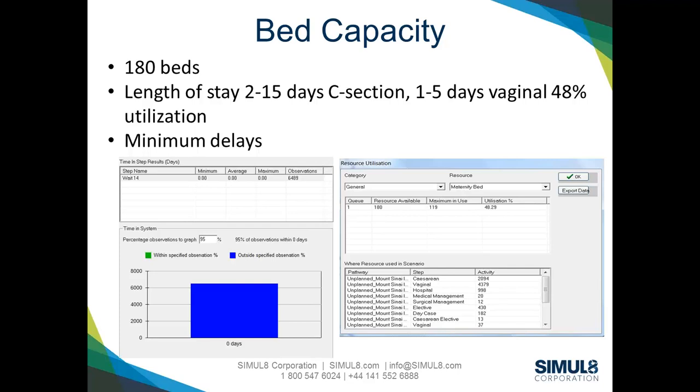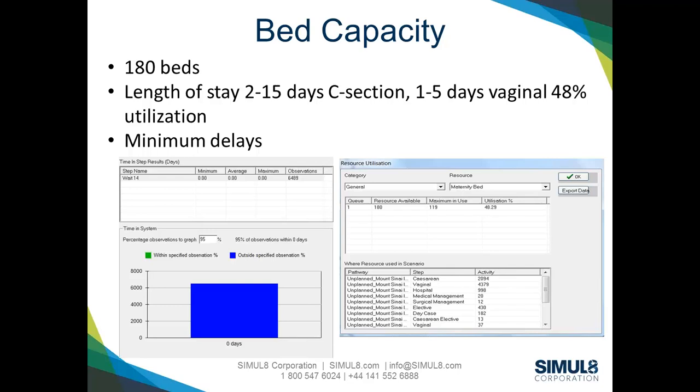What sort of numbers of beds should you be planning for to always make sure that there was a bed available when you need it? And you can see on the screen here that when we took a number of 180, there's always a maximum of 119 in use.